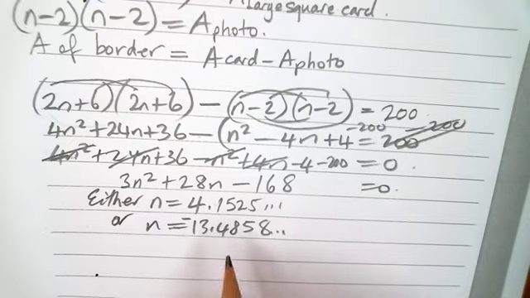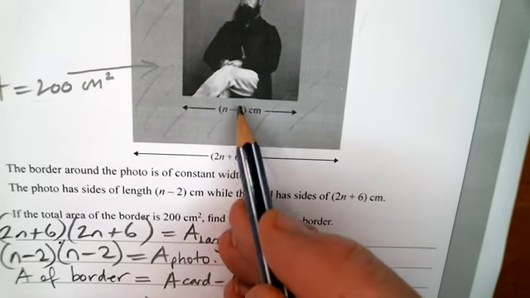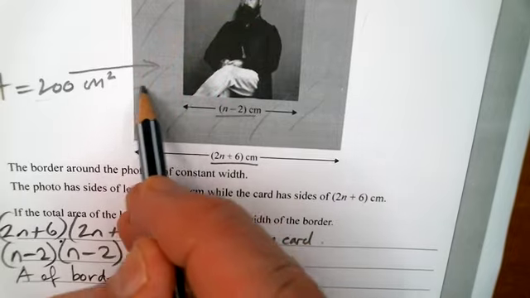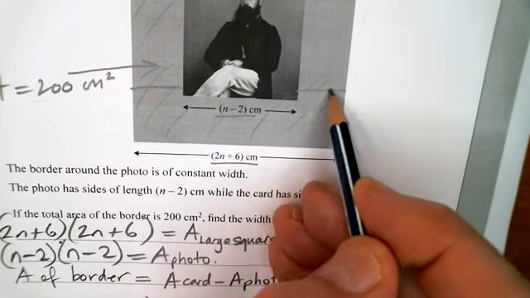But what we've actually found now is the value of n. So we've got the width of this, and we've got the width of this. If we were to subtract this width from this width, it would give us that bit and that bit together.